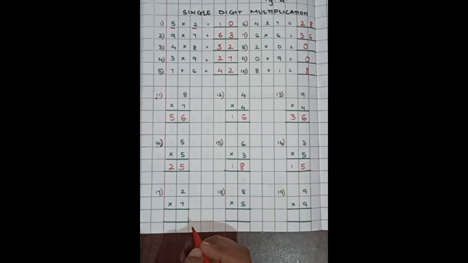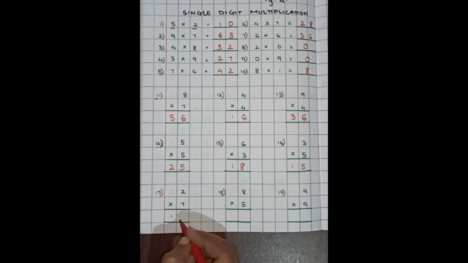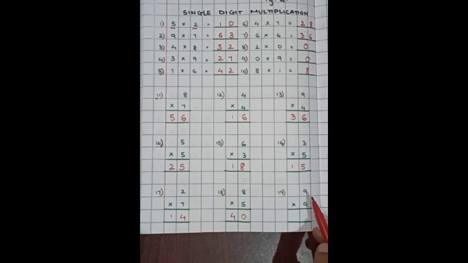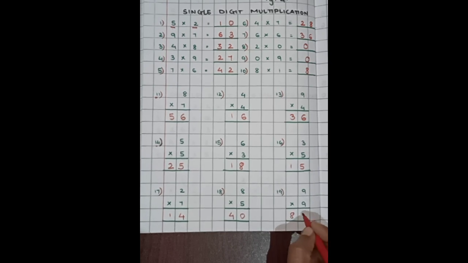Very nice. 2 sevens are 14. 8 fives are 40. And the last one, 9 nines are. For all those who know the 9 table, this will be very easy. 9 nines are 81.